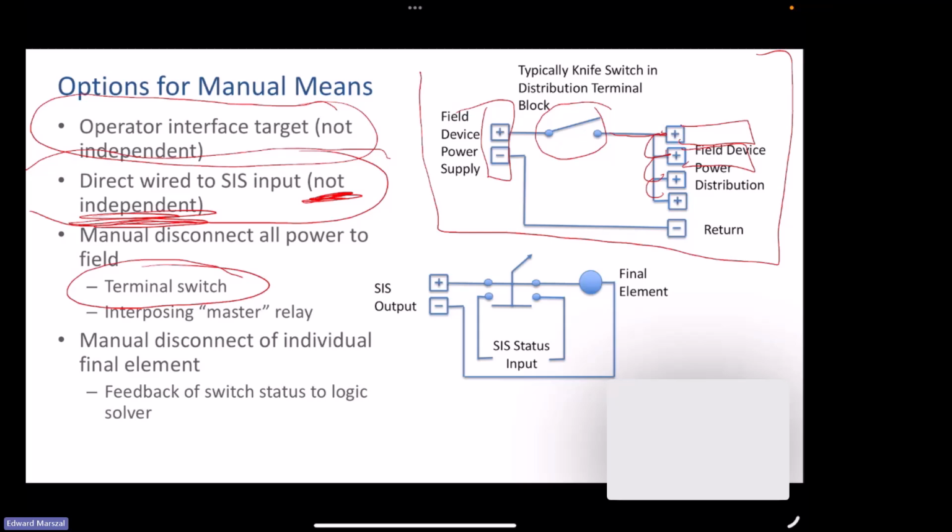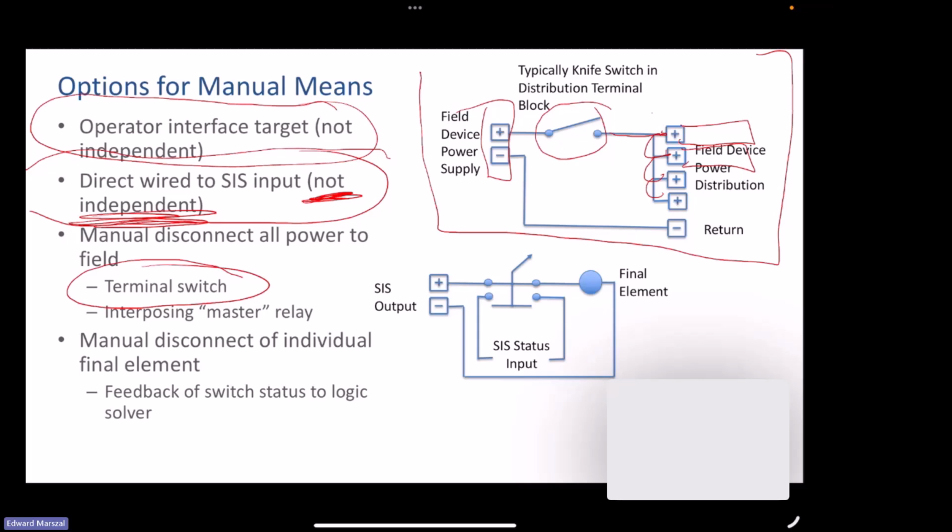So it is the most massive, uncontrolled, everything went to the safe state all at once, which is a really scary thing to do. If you've ever been in the field when all the power is disconnected from the SIS logic solver, flares are going off. Oh, it's happened to me. It's a crazy thing. So, kind of a last resort, it's a possibility. But it is an inelegant way of shutting things down.